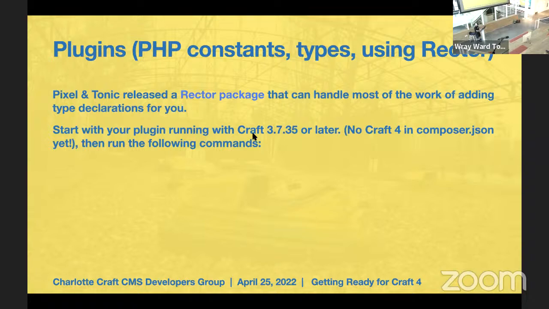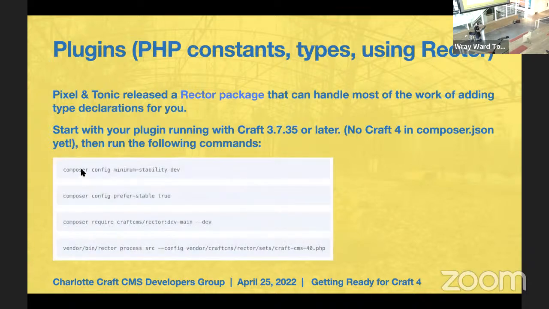So to do this, make sure that you're running 3.7.35 or later. Do not be on Craft 4 yet. So run these in your Craft 3 code base. Set your composer config to the minimum stability dev, which should already be in place if you're running modules or custom plugins that you're keeping local.